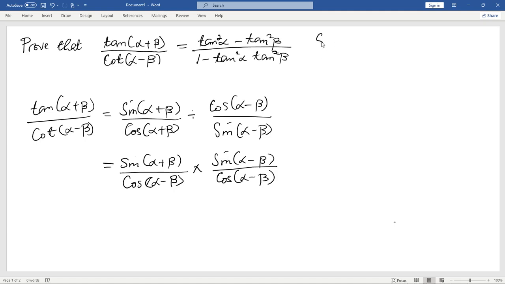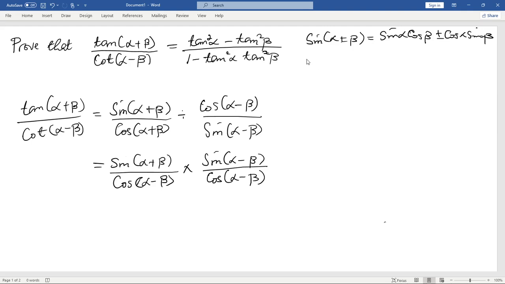So we know that sine(alpha plus or minus beta) is simply equal to sine alpha cos beta, plus or minus cos alpha sine beta.